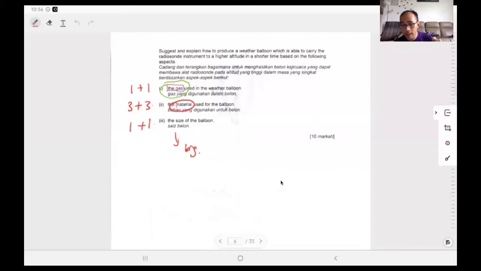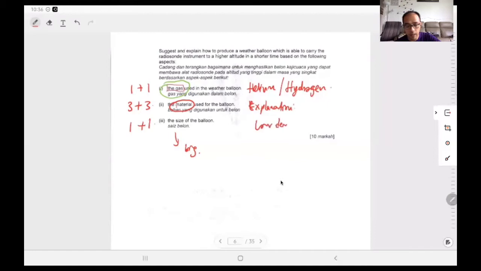But the gas, I want to talk about the gas now since we haven't really covered it. The rest we've covered before, so I will not mention it now. Look at the black book for the answer. The gas should either be helium or hydrogen, usually, and the explanation is low density.